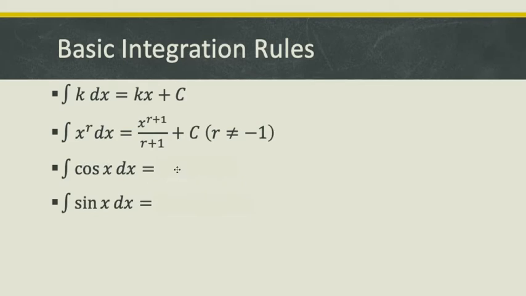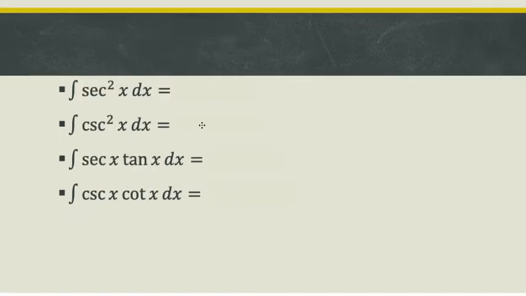The next one, cosine, we already looked at that one. That is sine x. And then the integral of sine x, you might be thinking, well, it's just cosine. But remember, cosine gives you a negative sine x, so we have to take the negative cosine x plus c. Secant squared, do you remember what derivative gives you secant squared x? Hopefully you remember that is tangent.